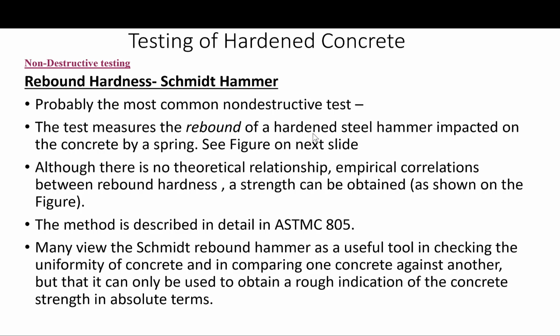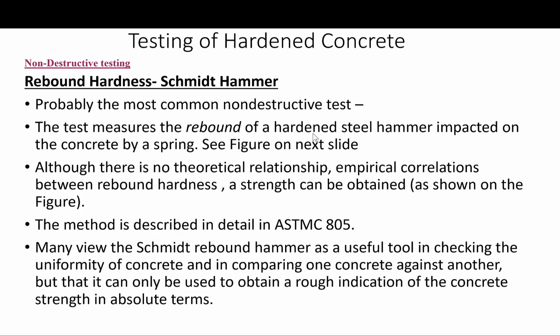so probably the most common non-destructive test is the rebound test using a Schmidt rebound hammer. I'm sure many of you have heard of this. This device, as I will show here, was developed in 1948, and it is universally used because of its simplicity.